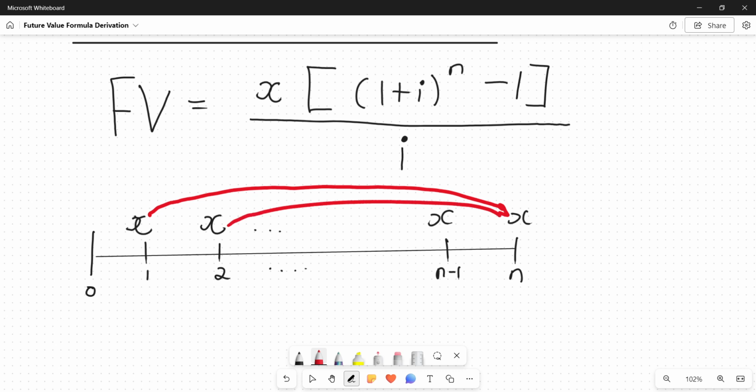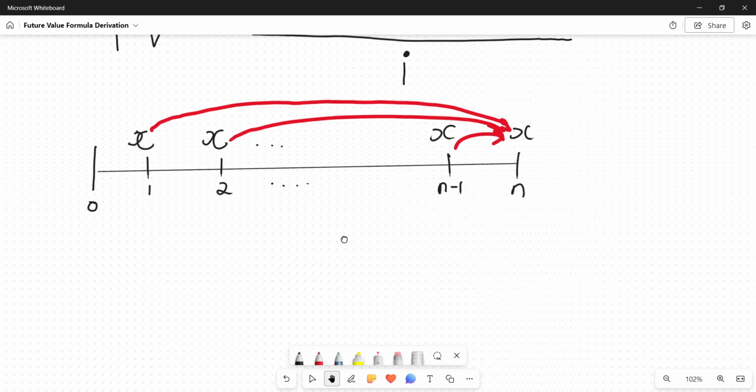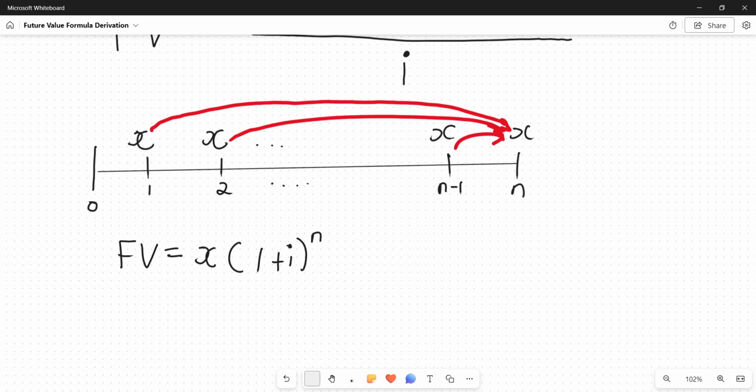The future value of these regular payments of x will be equal to, starting with the first payment, which is made at the end of the first period, x into 1 plus i to the power of n minus 1. We do not account for the first year because the payment is made at the end of the first period. So that's why we are saying n minus 1.